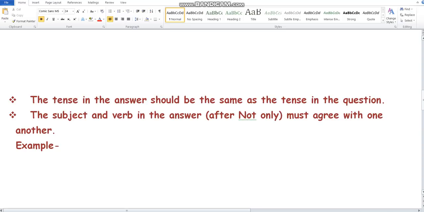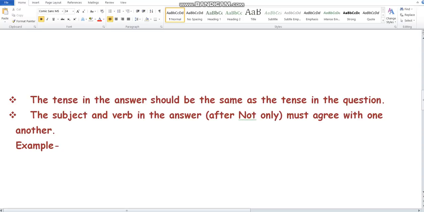The subject and verb in your answer must agree with one another. Whether to use a singular or plural auxiliary verb depends on the subject given. And this will be there in the question. You just have to be careful while you write the answer.